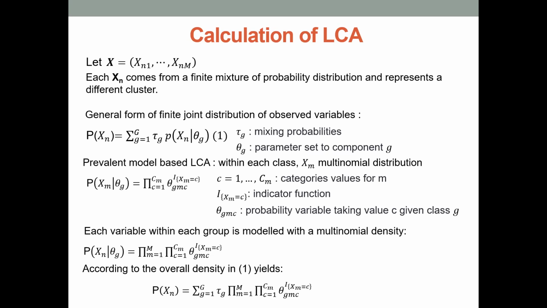And you have the probability, given that you are in group G, that the individual will be in these groups. The first equation is the translation of the mixture of probabilities.